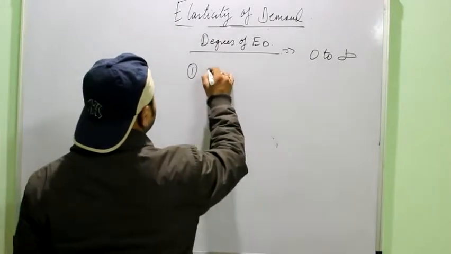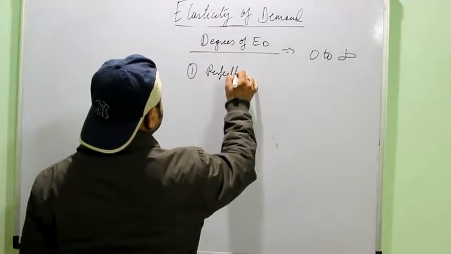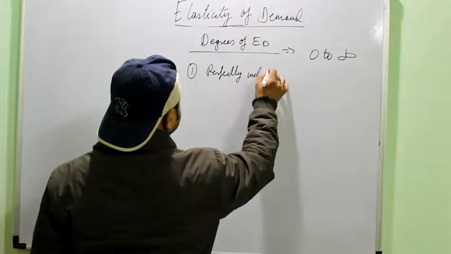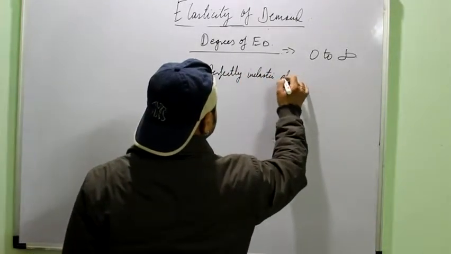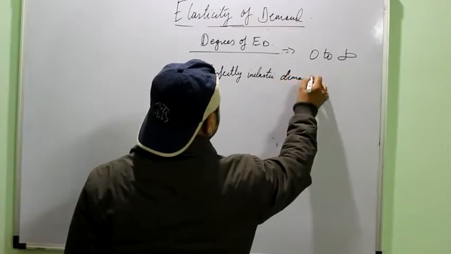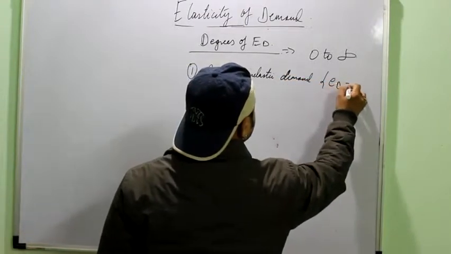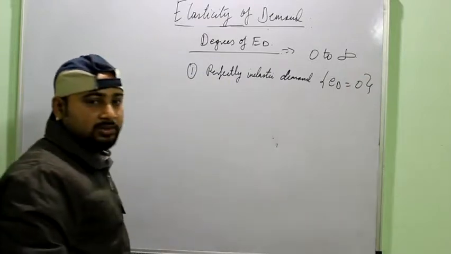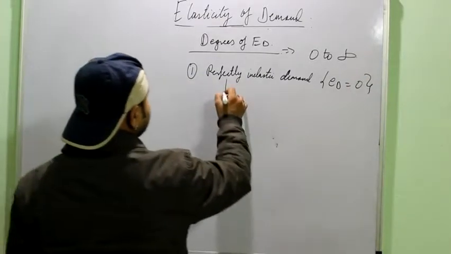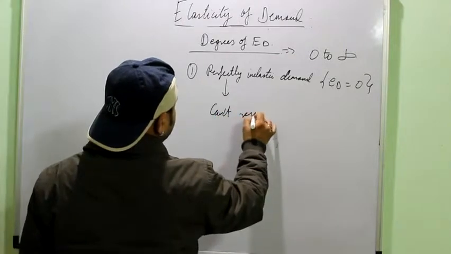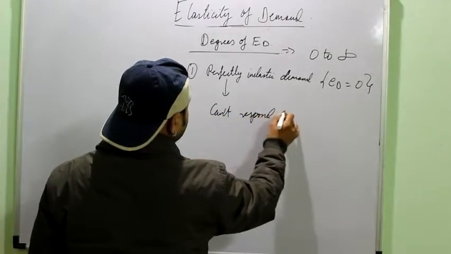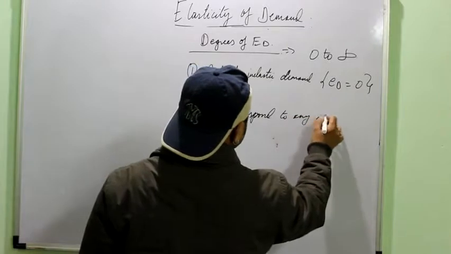First, we will start from perfectly inelastic demand. Or mathematically, ED is equal to 0. It means that the demand cannot respond to any changes in price.